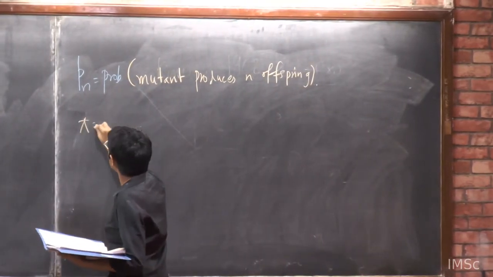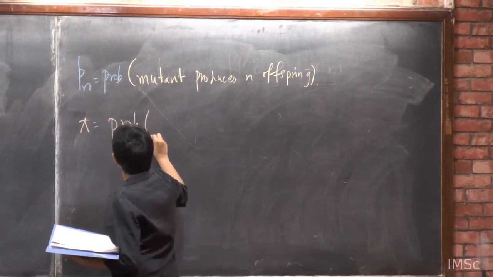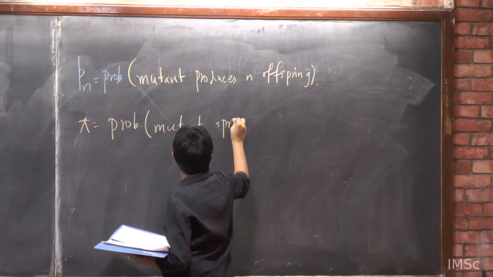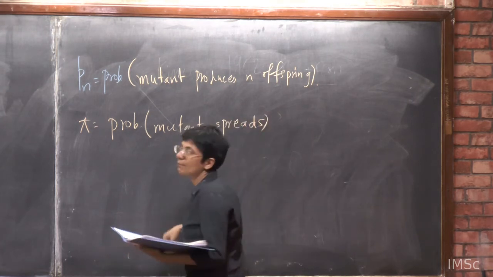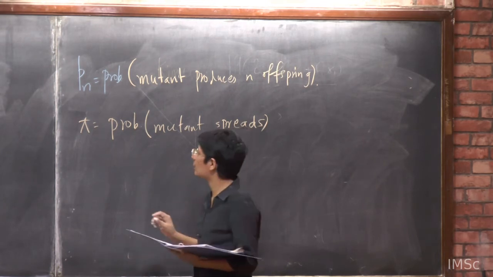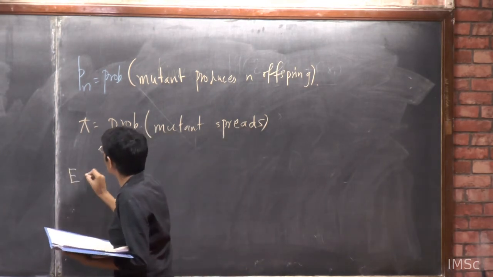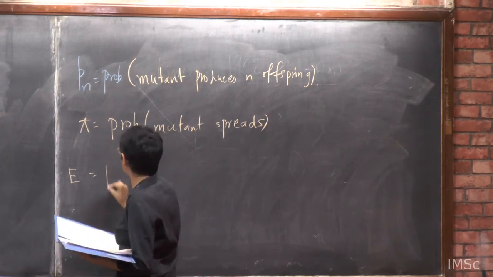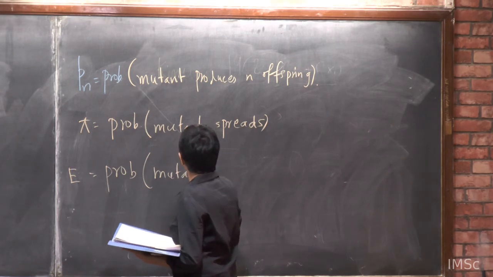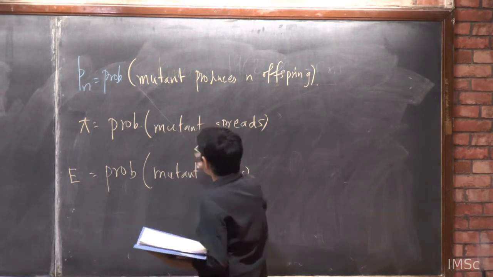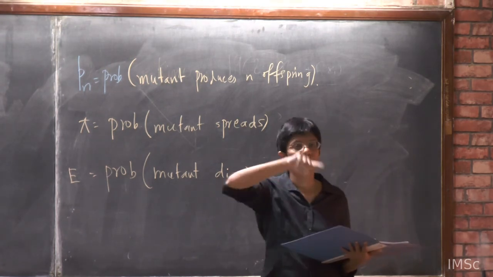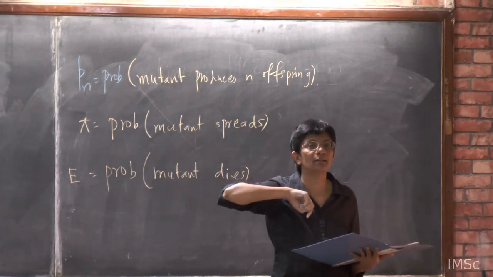I want to calculate pi, which is the probability that the mutant spreads, but it's easier to write a recursion equation for the complementary probability, which is E, the extinction probability: the mutant dies. How are these two related, pi and E?